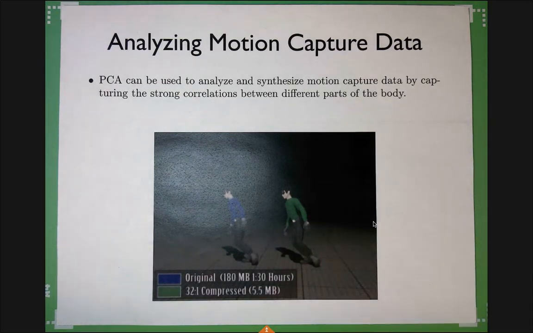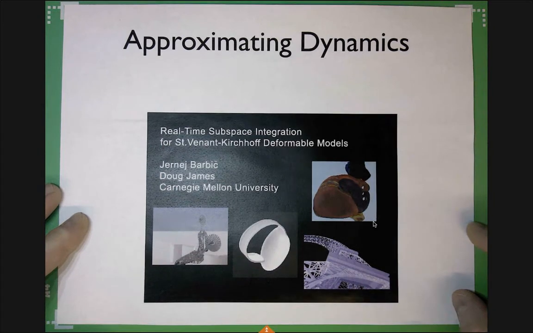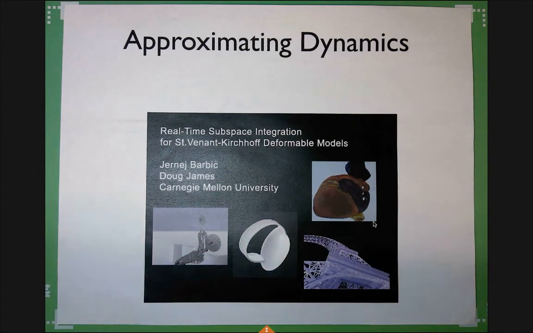And I will just quickly mention before I need to finish, you can also do subspace dynamics, where the basic idea is again taking some principal modes of deformation, which can also be understood as singular vectors of deformations of some elastic body.